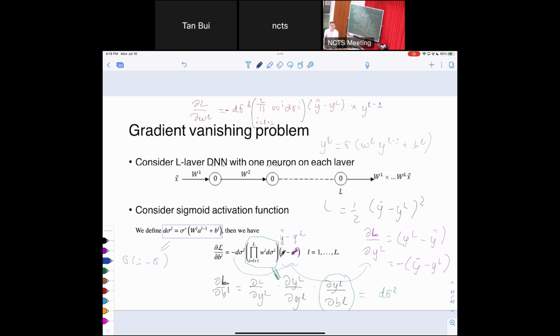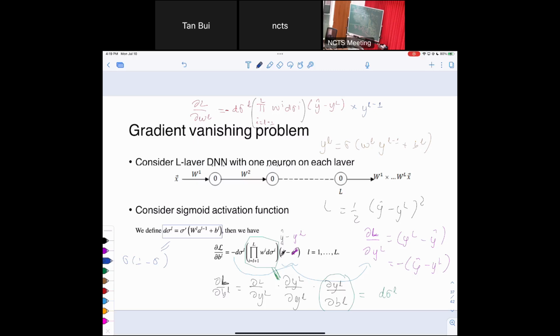So what he said is correct, by the chain rule, because everything is still the same. Instead of having this, I'm going to have dy_L with dW_L instead of dB_L.